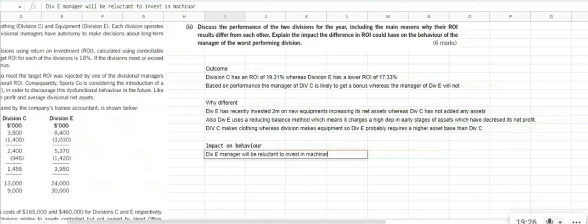He's not going to invest in new machinery if he's not going to get a bonus, because his ROI is less than the target ROI. And why is he not getting a bonus? Because he invested in new machinery, as it will adversely impact his ROI.